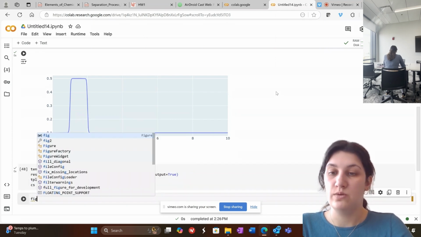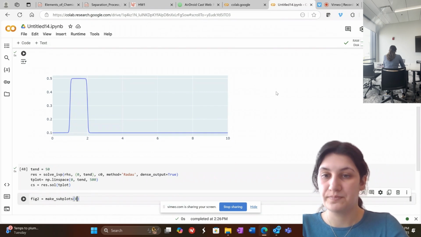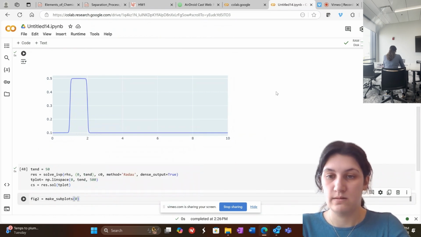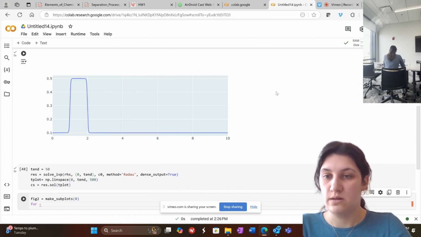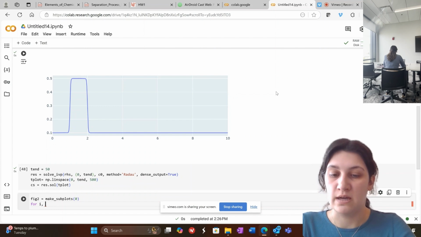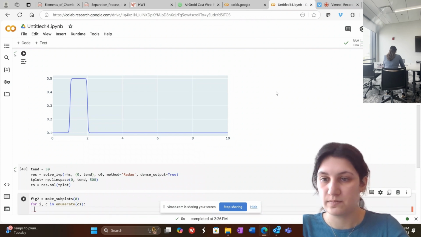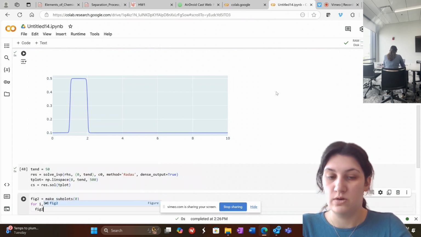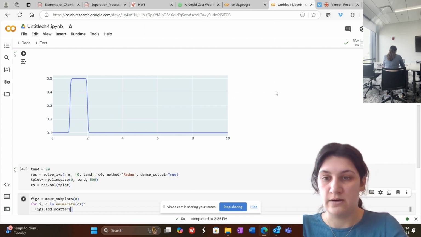Then we're going to set cs, these are our concentrations of each tank, res.sol of t_plot. Now we can do our second figure, make_subplots. Now we're going to make a loop so that we can do this calculation for each tank. So we're going to use enumerate of cs, so figure 2 add scatter.